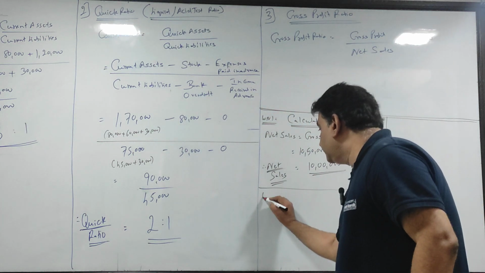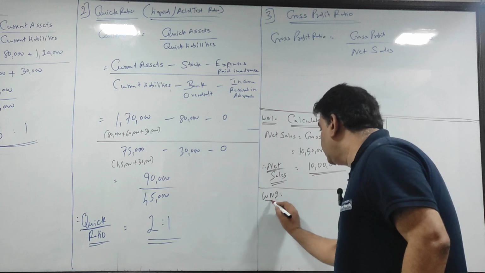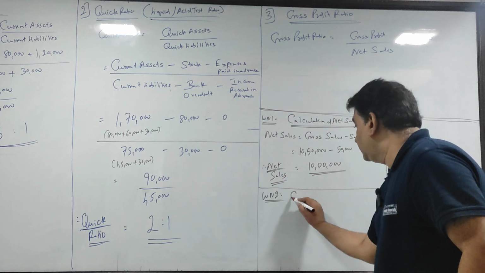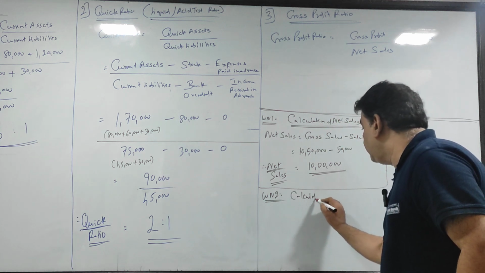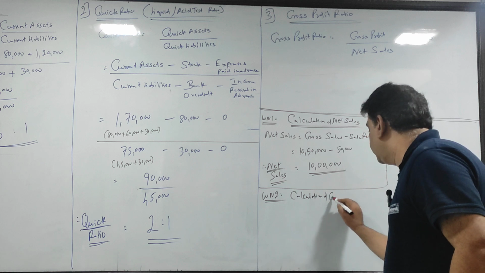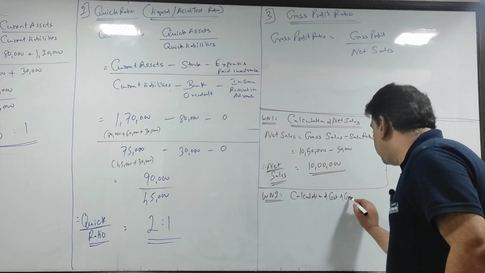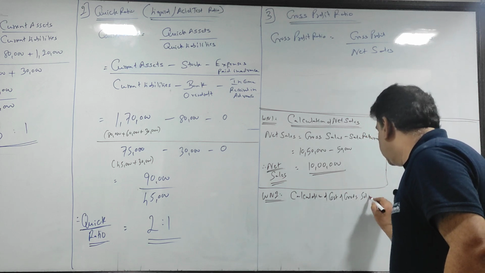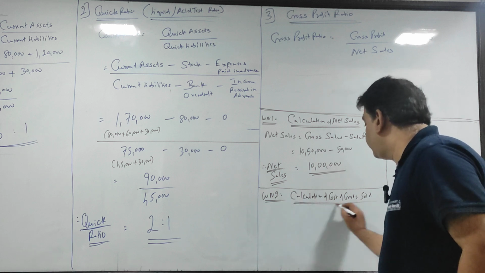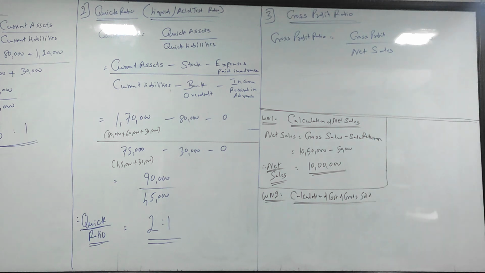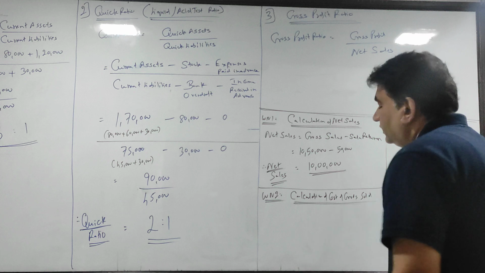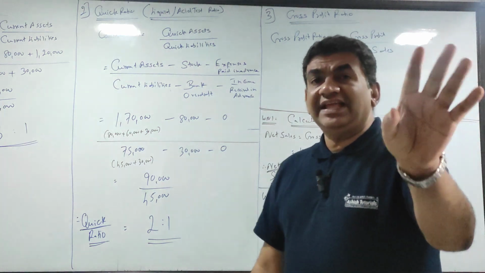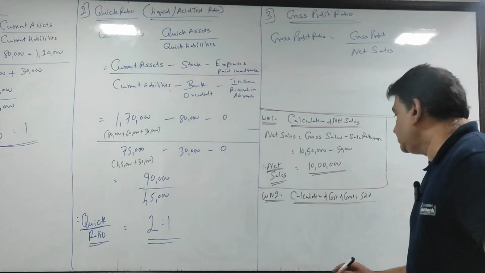So now what I'll do, working note number 2, calculation of cost of goods sold. Now you all know it is the adjustment of all the items of the trading account. Let's make it simple.